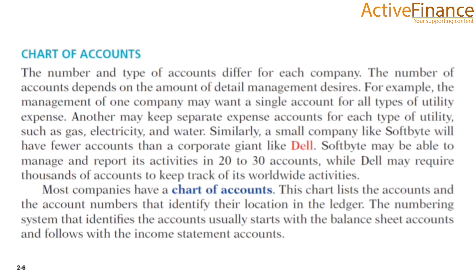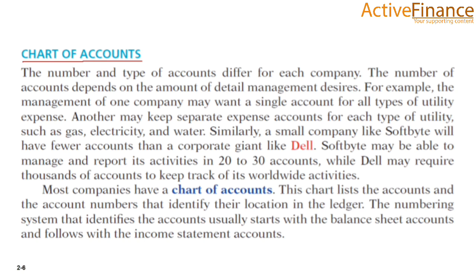So we have learned the general ledger and posting. Now we will learn about the chart of accounts, in which we will learn that each company has its own accounts. Some companies are small and some companies are giant corporations. That's why each company's accounts differ from other companies.